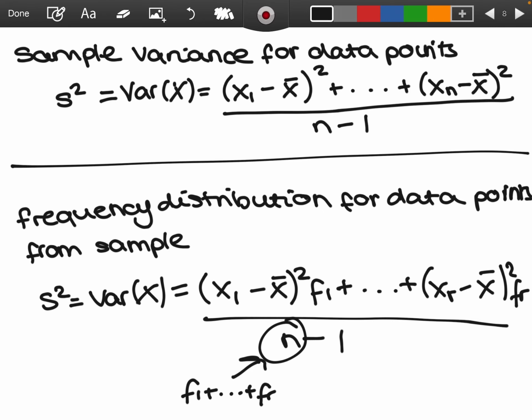Whenever you go ahead and check, your list is going to be your outcomes list or your data points list. Your frequency list is going to be your list of probabilities in a probability distribution or frequencies in a frequency distribution. If you are just looking at a list of data points, don't put anything in frequency list. You go ahead and calculate. If you are looking at a sample, Sx will give you the standard deviation. If you're looking at populations, sigma x will give you your standard deviation.